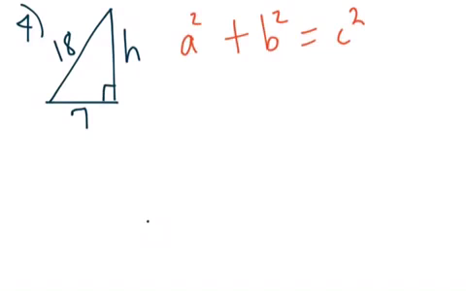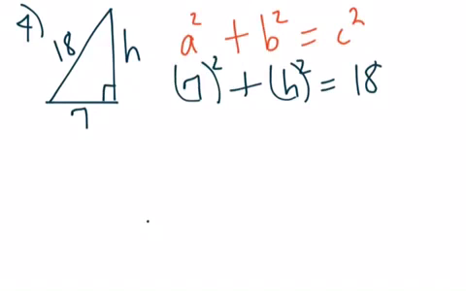I can designate these as A or B, but 7 I'm going to use for A, and H is what I'm going to use for B. And then 18 is the hypotenuse because it's opposite the right angle and it's the longest side.